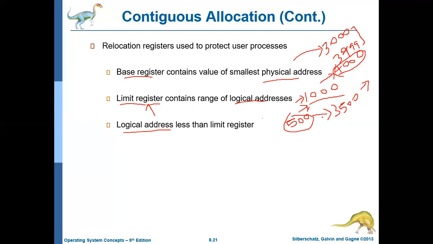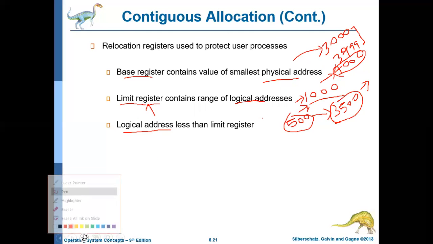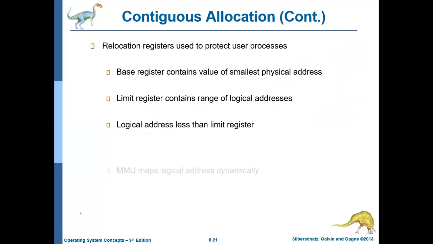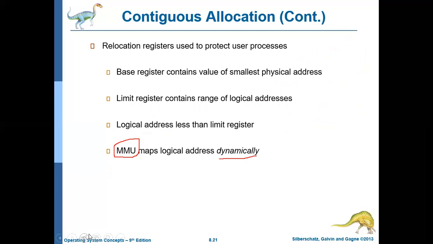If it is less, then only it will be allowed to access. But before accessing, the logical address will be converted to a physical address by adding it with the content of the base register. This conversion of logical address to physical address is done by a unit called the MMU, the memory management unit, and that is done dynamically during runtime.